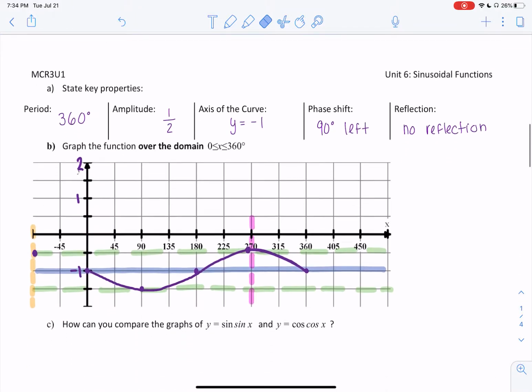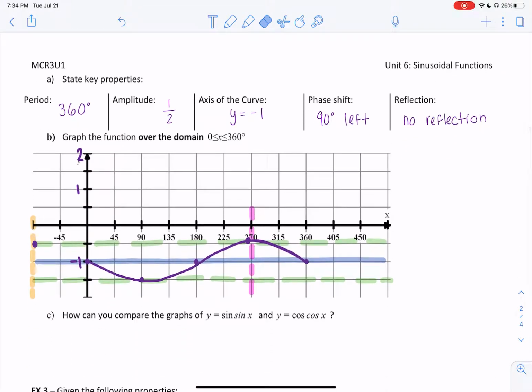So, what do you notice about this graph? What does it look like? So, this graph here looks like a sine curve.